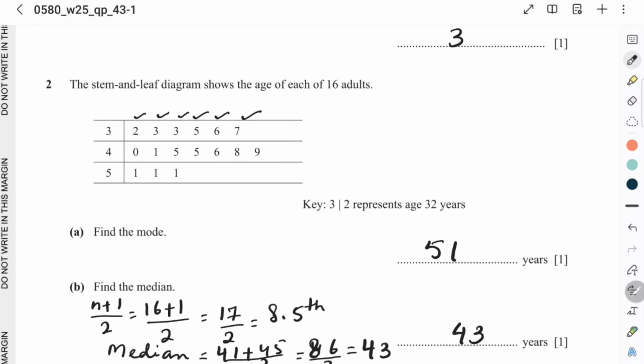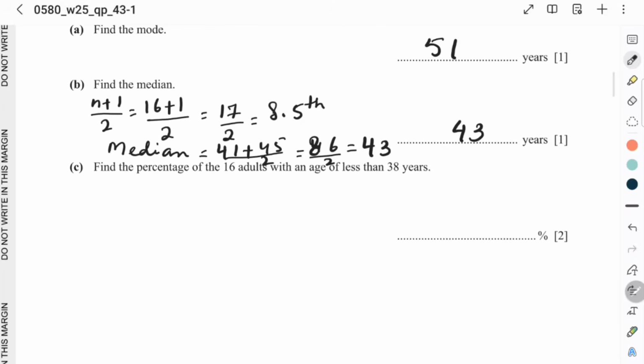All of these numbers are less than 38, so they are 1 2 3 4 5 6 out of 16 numbers. So the percentage will be equal to 6 over 16 times 100.